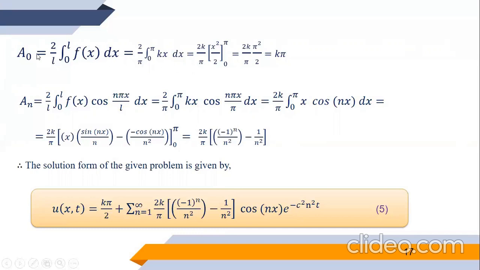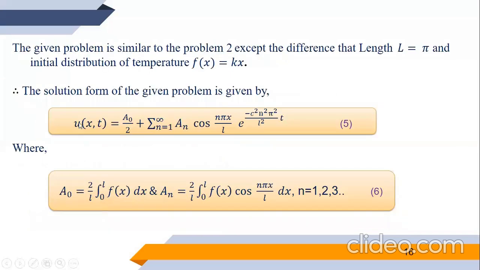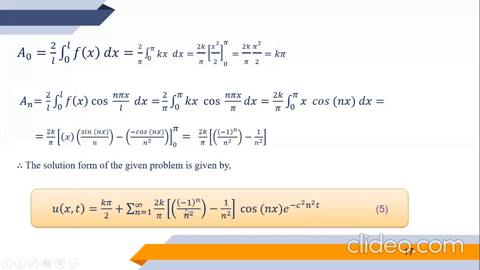Now we input a0, a_n and length L equal to pi in equation number 5. So we get u(x,t) is equal to a0 by 2, so k pi by 2, plus summation n is 1 to infinity a_n, that means this value, into cos(n pi x by L).